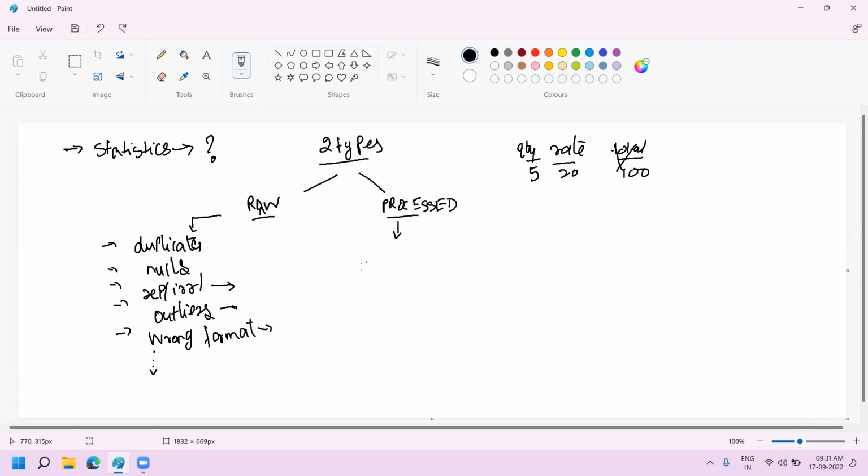Now, another area where I will have wrong format is something called fixed format data. People who have worked with data will probably correlate with fixed format data. Now what is a fixed format? Let us say I am working on a telecom project. In a telecom project, there are multiple vendors and multiple databases.